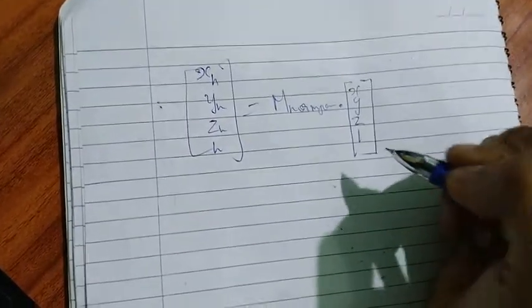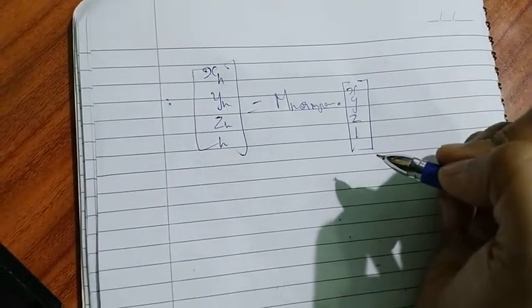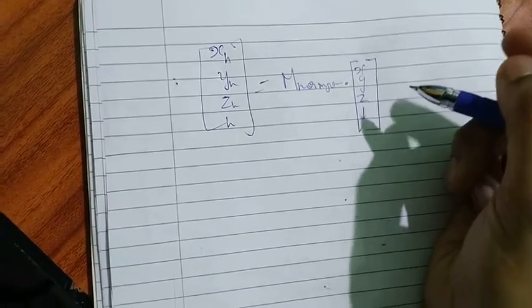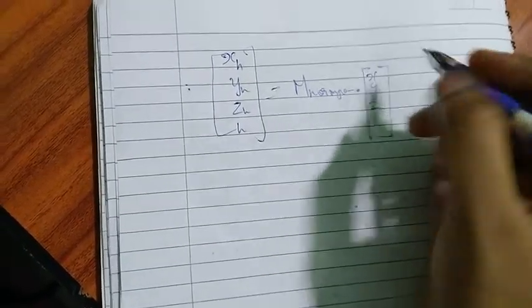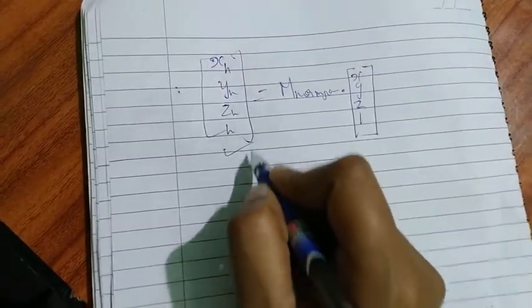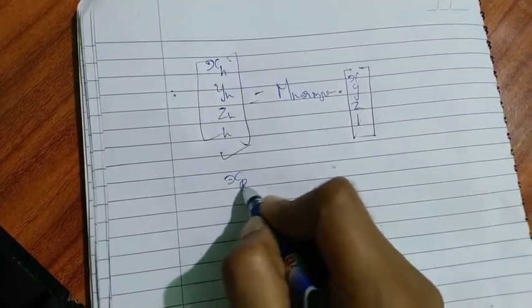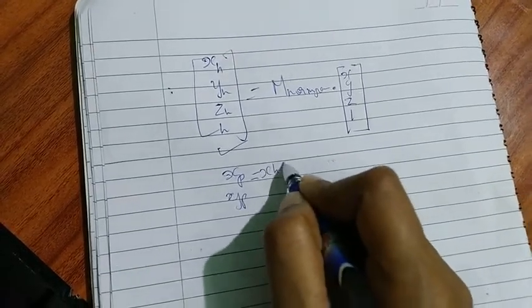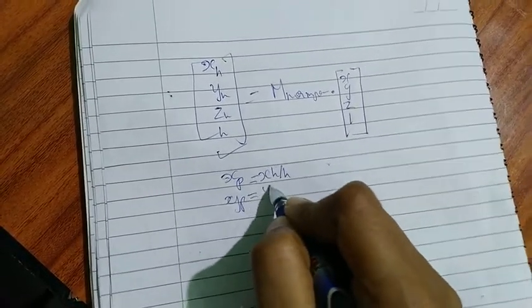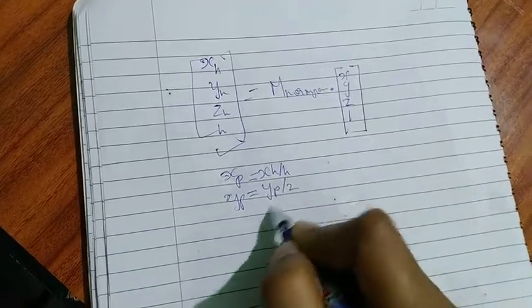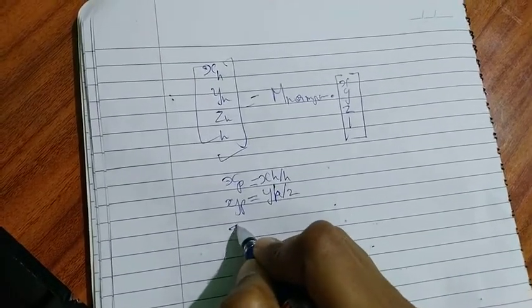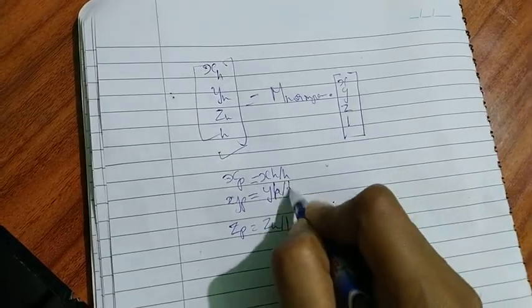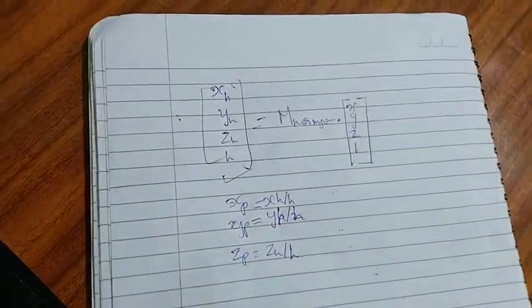Using this we will obtain the homogeneous vertex values. And once we obtain this, we can easily obtain the projection points. We know xp equals xh by h, yp equals yh by h, and zp equals zh by h.